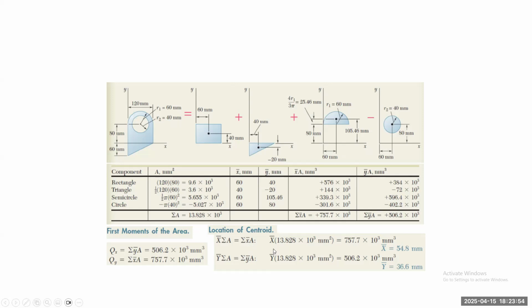I'm looking to see the workout here. So for the central location, you divide this by that value, you get 54.8. And this one, you divide this here with this value here, you get 36.4. So that shows you where your x bar and y bar really fall.